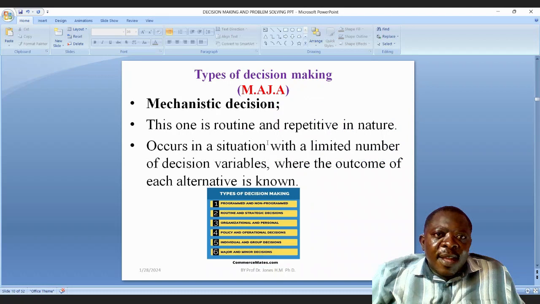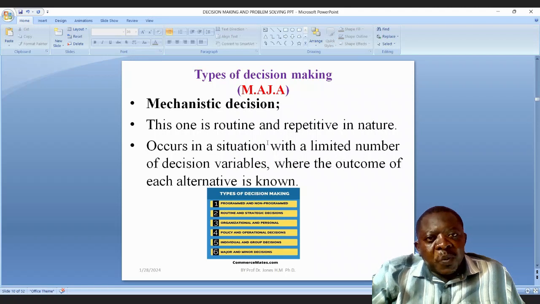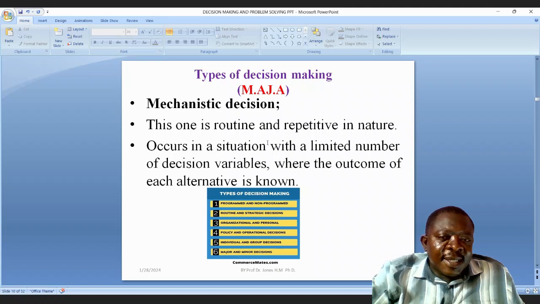There are types of decision making that we need to consider as we operate within an organization. The mnemonic for this one is MAJA. That is the first classification that we can look at in decision making. The M is for mechanistic decision.